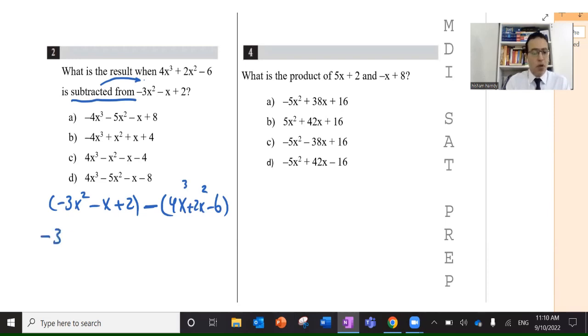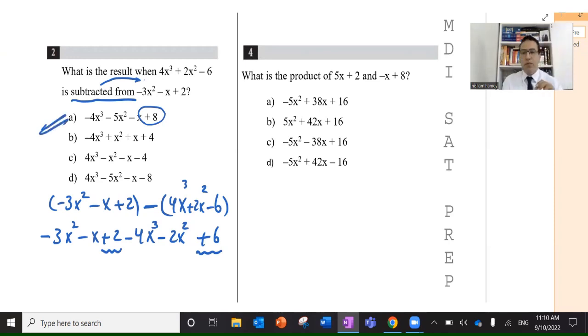Then I'm going to rewrite it as we learned before, and change the sign of this bracket. So it's going to be negative, and negative by negative is going to be positive. Look here, positive 6 and positive 2 give me positive 8. And the only answer that has positive 8 is A.